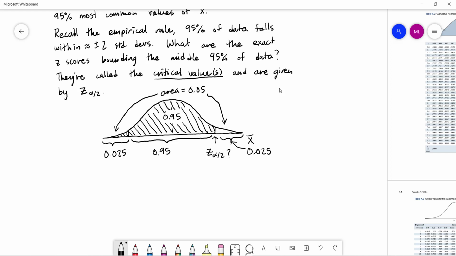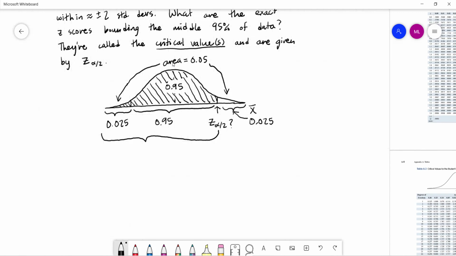Well, it's not just the 95% in the middle, it's also this extra 2.5% in the tail. And so this combined area up to the z-score that we're interested in is 0.95 plus the 0.025, which gives me 0.975. This is the area that I need to look up in the table in order to find a z-score.